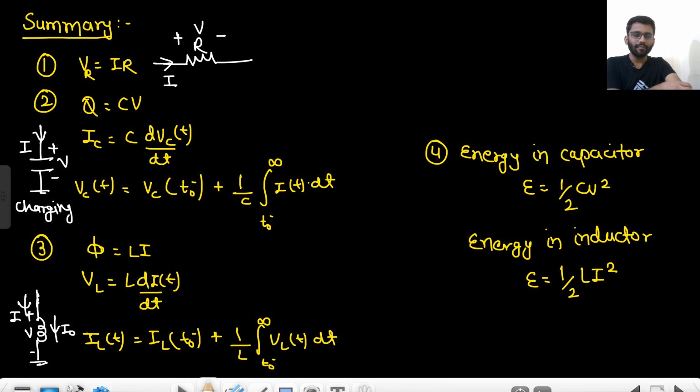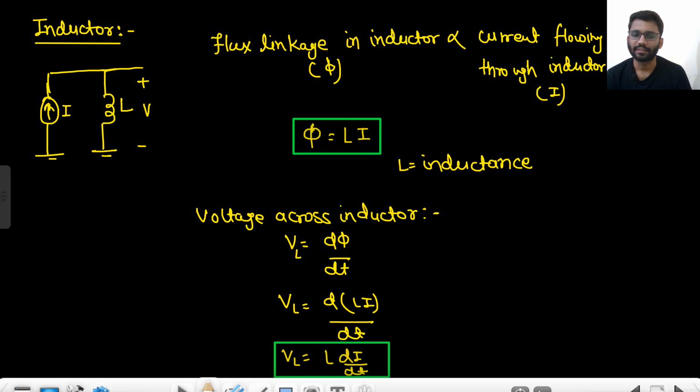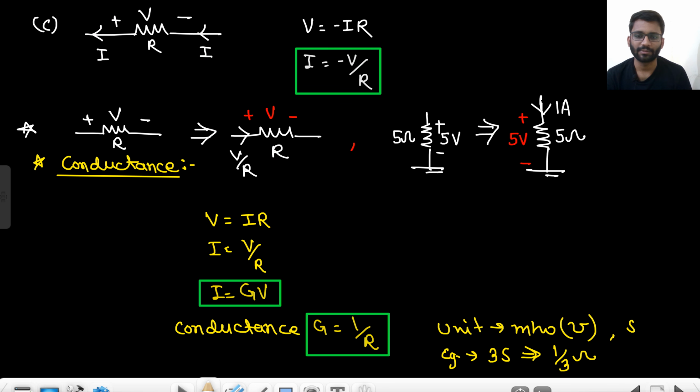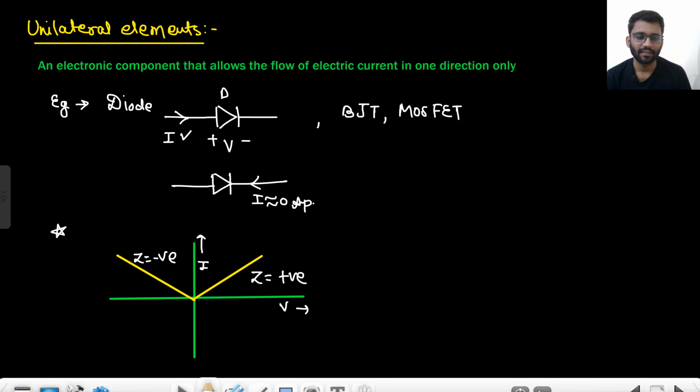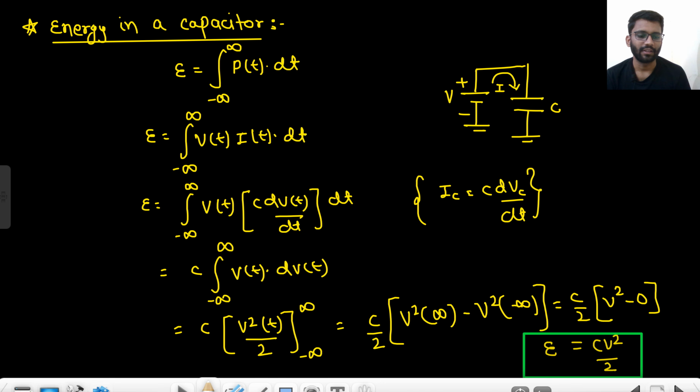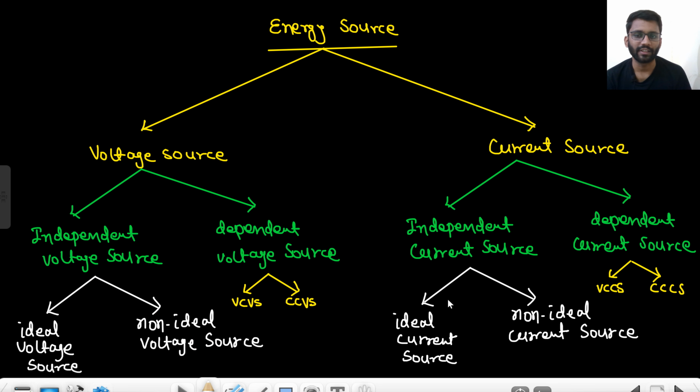Then the energy in a capacitor is half Cv square, and the energy in an inductor is half Li square. That's all we have studied till now. Just revise it once; you must be having the notes with you. Now we will study the sources: voltage sources, current sources, independent voltage source, dependent voltage source, and these types.